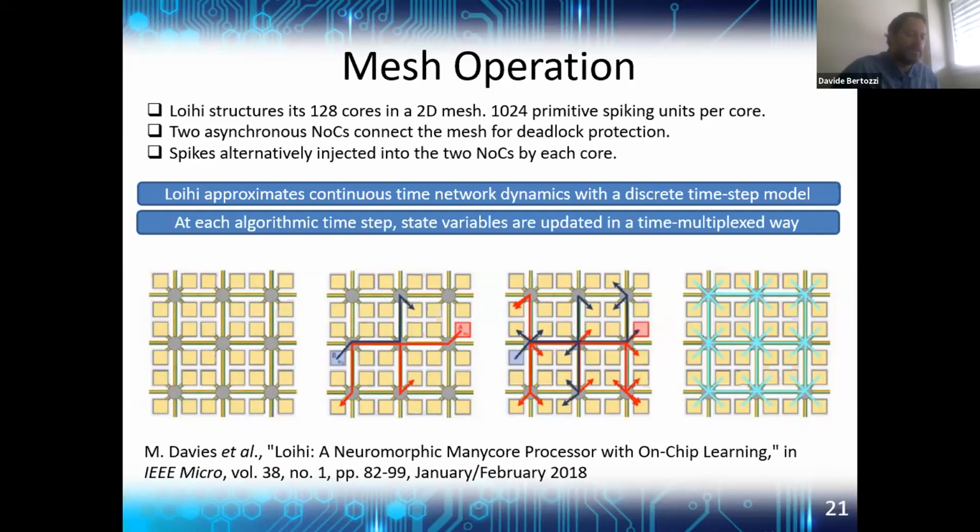They need to advance to algorithmic time step T+1. This is done by each individual neuron after all of its spikes have been delivered. The way the neural cores synchronize with each other to move to the next algorithmic time step T+1 is through the exchange of barrier synchronization mechanisms, represented in this picture.